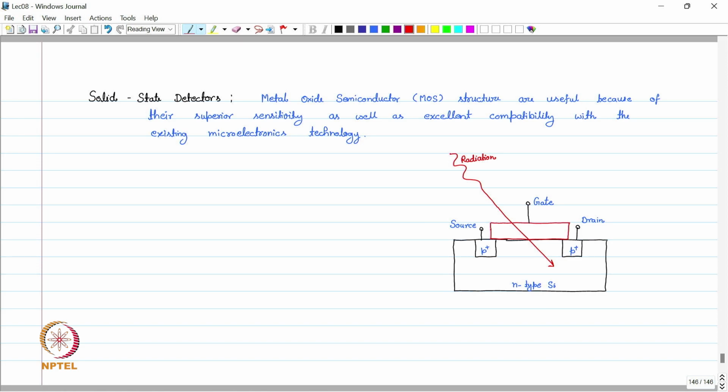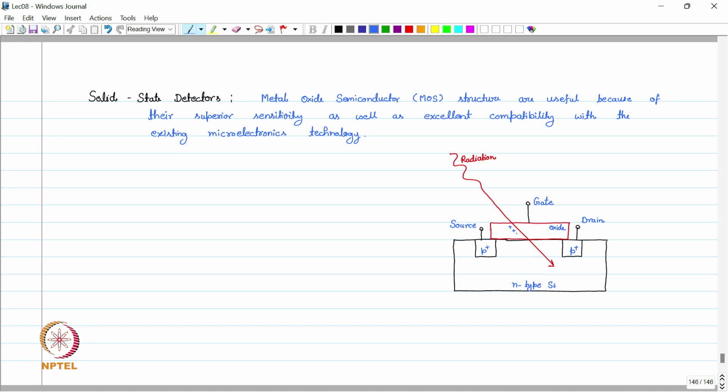What this radiation is going to do, it is going to create electron hole pairs in the oxide, which is an insulator. This oxide means it does not provide conduction to charged particles, but because of this radiation there is going to be generation of electron hole pairs.